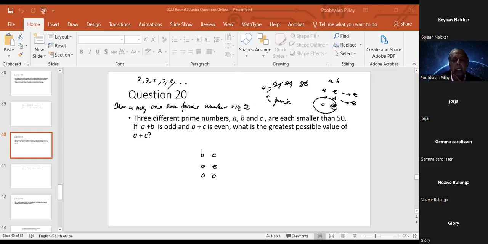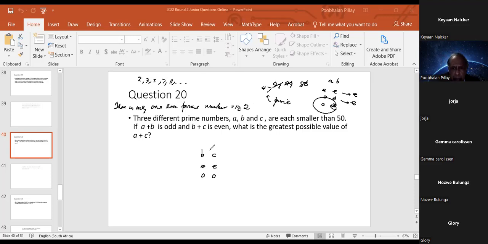Any other even number can't be prime because, like, 14 is 2 times 7, 28 is 2 times 14. So if you can take 2 out as a factor, it can't very well be a prime number. But 2 is a prime number. 4 is not. So there's only one even prime number.